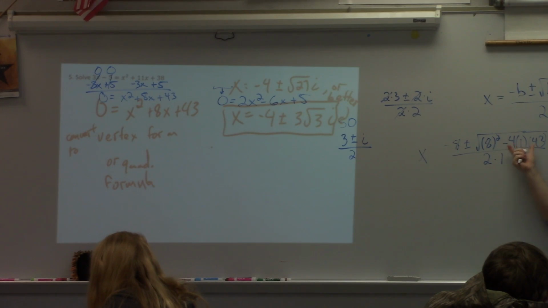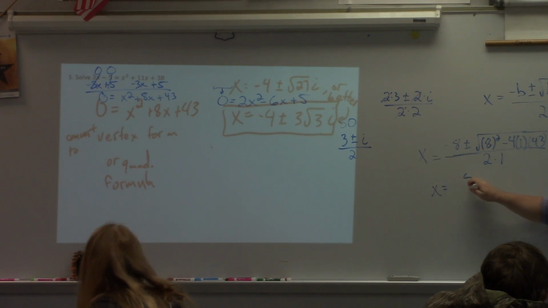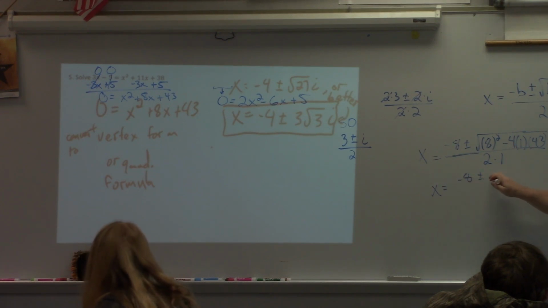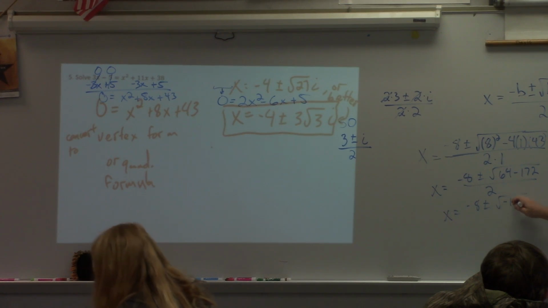Not just the radicand, not just the square root, everything. That fraction bar goes all the way through. X equals -8 plus or minus the square root of, and I would have just put this into the calculator, but that gives me -108, divided by 2.